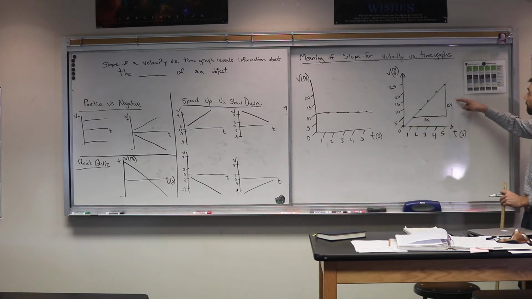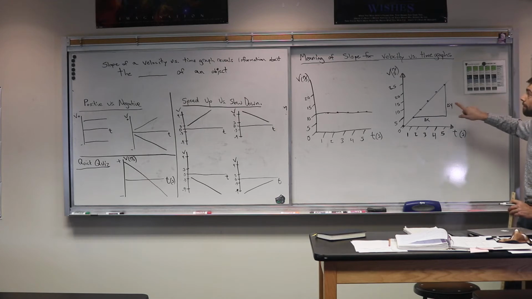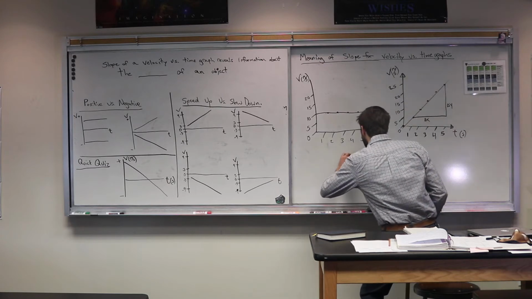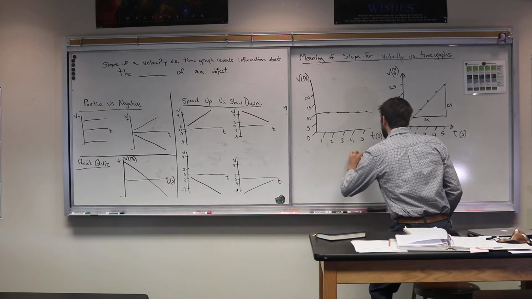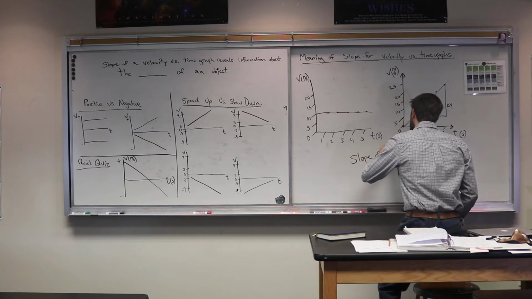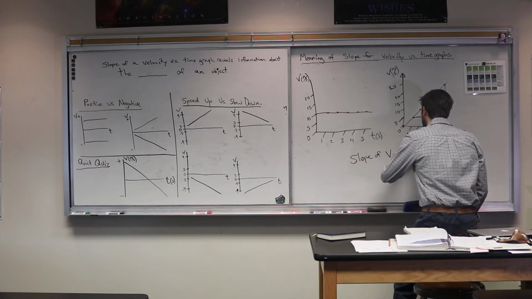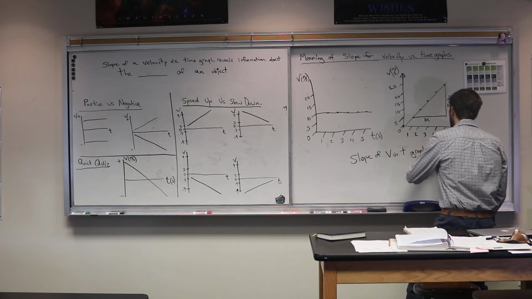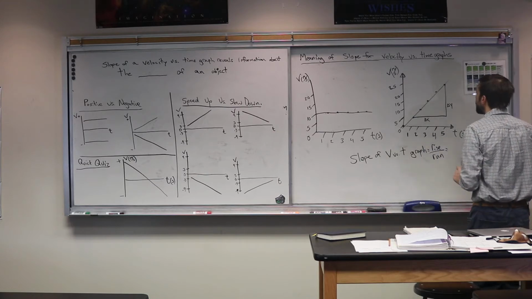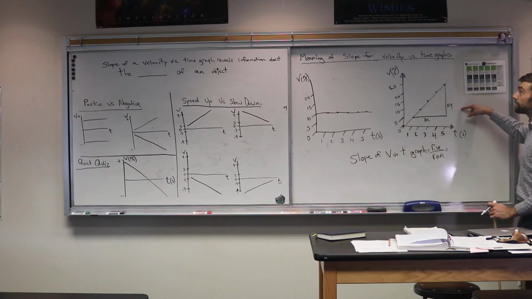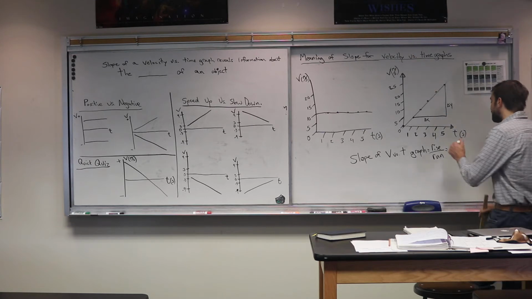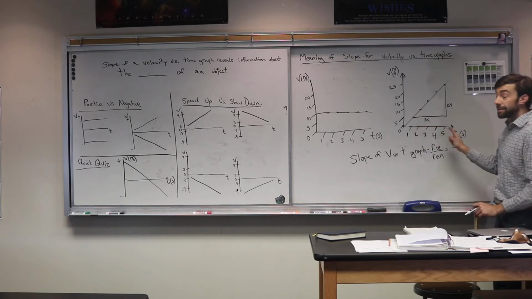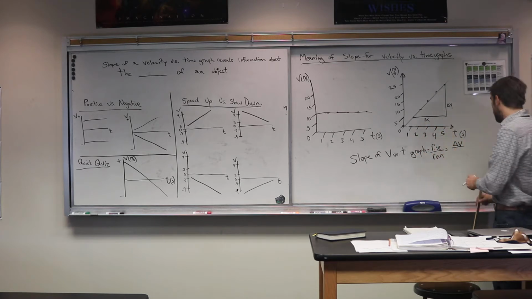Okay? So our y here is measured in units of meters per second. So slope of a v versus t graph equals rise divided by run, which is my change in y, which is actually just my change in velocity, divided by our change in x, which is our change in time.